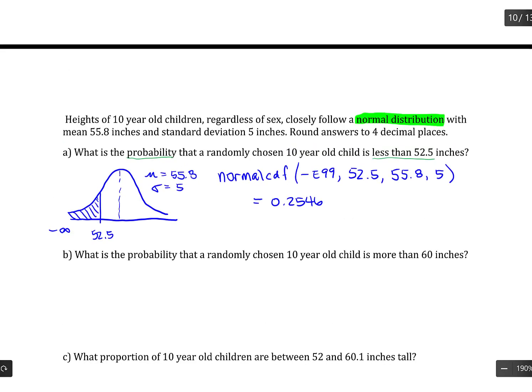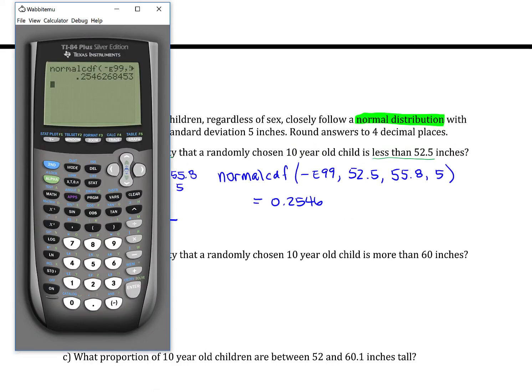Now, some of you may have seen a menu come up when you try to do normal CDF. And some of the later model calculators do that. They give you a menu to work with and allow you to type in the inputs to the normal CDF function in the same way, but they give you reminders as to what each input should be.